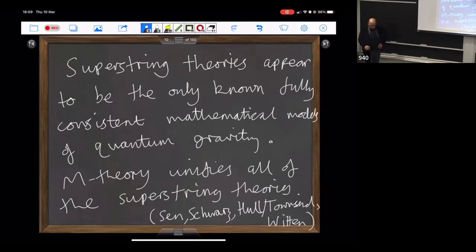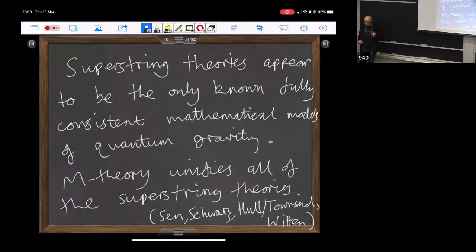And what is this M theory? Well, superstring theories are certainly theories in which you have gravitons, and you can calculate graviton scattering amplitudes in a framework which is consistent with quantum mechanics. Superstring theories have a coupling parameter, which is the string coupling constant.